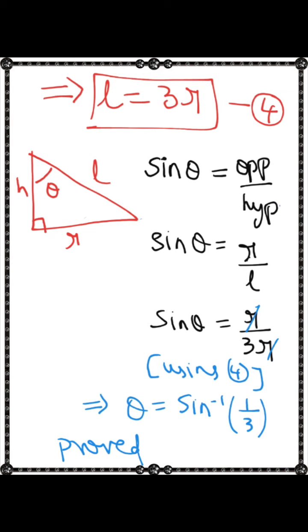Find the first derivative, find the second derivative, equate the first derivative to 0 to find the value of the variable you are using, substitute in the second derivative and check whether you are getting negative or positive. Accordingly we have maxima or minima. So with that our proof is over, and I hope this helps you a lot.